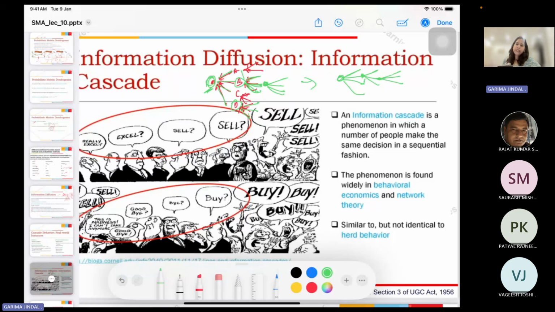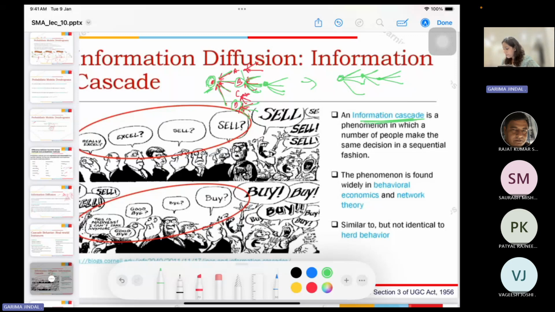If I see this graph, it forms a directed acyclic graph. This directed acyclic graph is an information cascade. This phenomenon, where we spread information from one node to another in the form of a directed acyclic graph, is called information cascade.